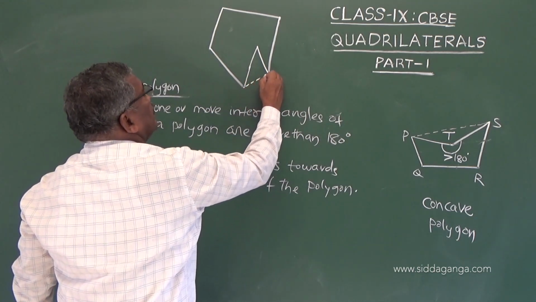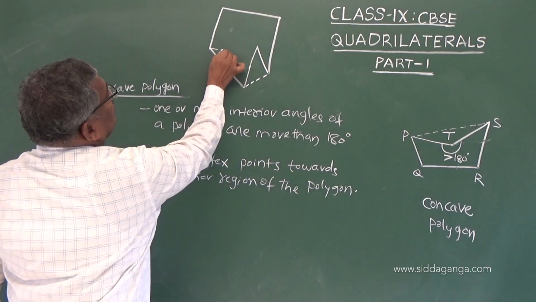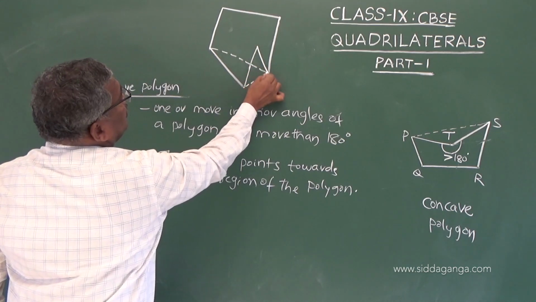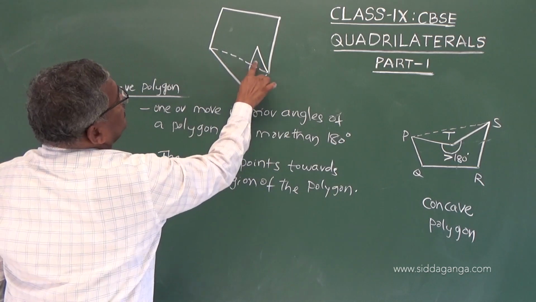See, this is a diagonal and this is another diagonal. You can observe here, this is the exterior area.